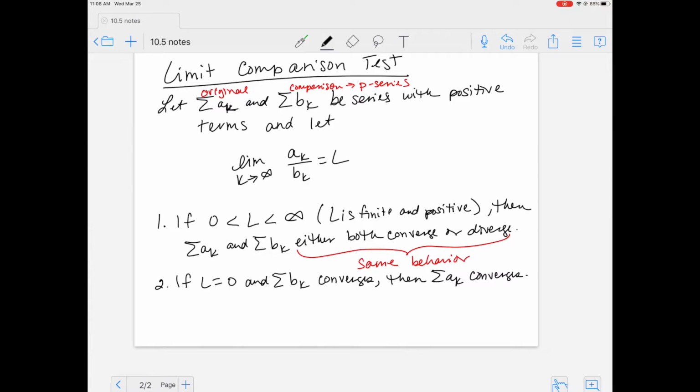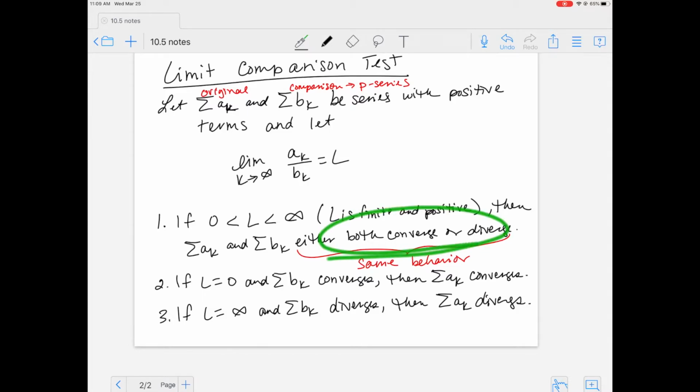If L equals infinity and B sub k diverges, then you guessed it, A sub k also diverges. All right. So if you get a number, same behavior, whatever's happening with your comparison. If your limit is 0 and B sub k converges, so both of these criteria have to be met, then your original also converges. If your limit's infinity and B sub k diverges, then your original also diverges.